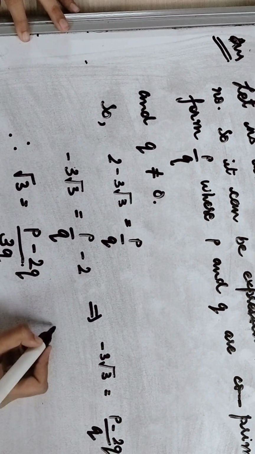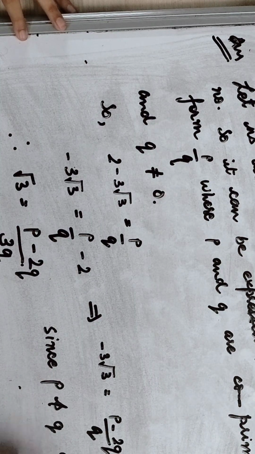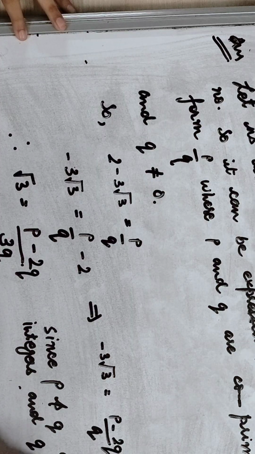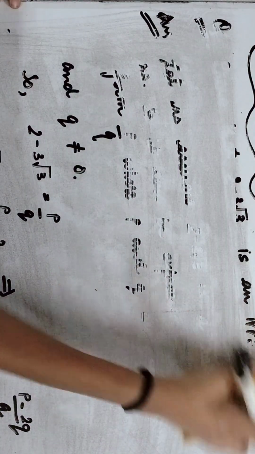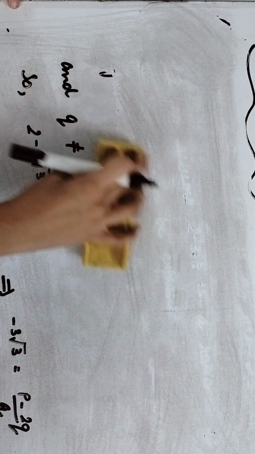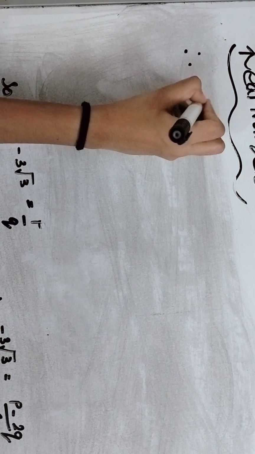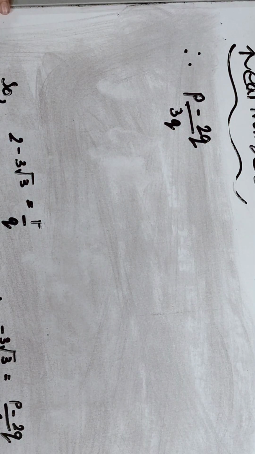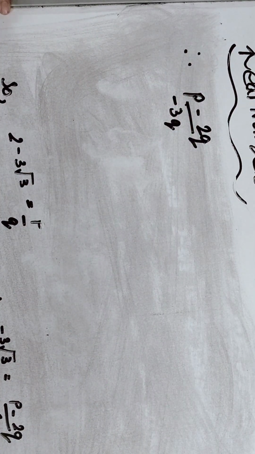Since p and q are integers and q is not equal to 0, therefore p minus 2q by 3q, you can rearrange it, p minus 2q upon minus 3q is a rational number.